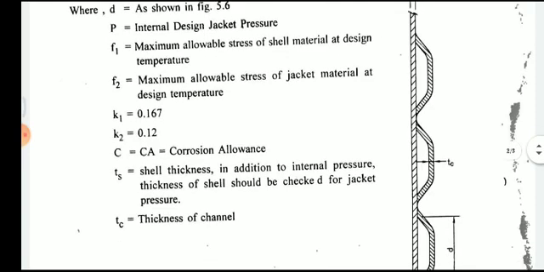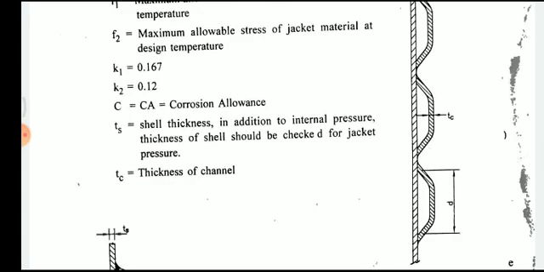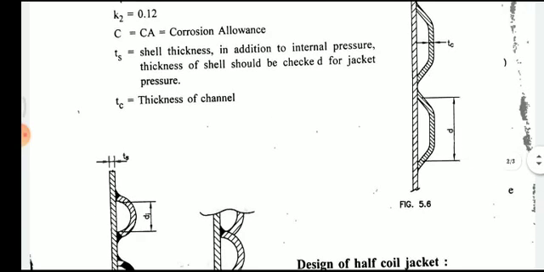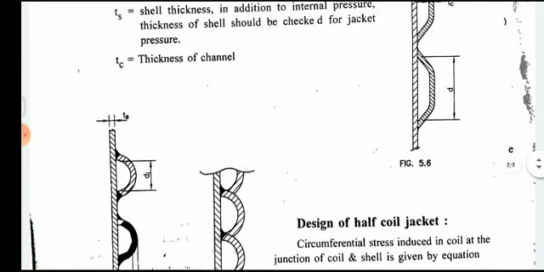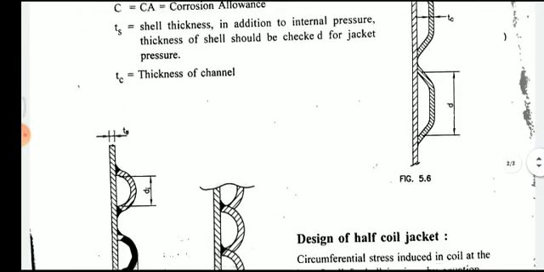K1 and K2 are both constants; take K1 as 0.167 and K2 as 0.12. C is the corrosion allowance, and TS is the shell thickness. In addition to internal pressure, the thickness of the shell should be checked for jacket pressure. TC is for the thickness of the channel. These are the design equations to follow.